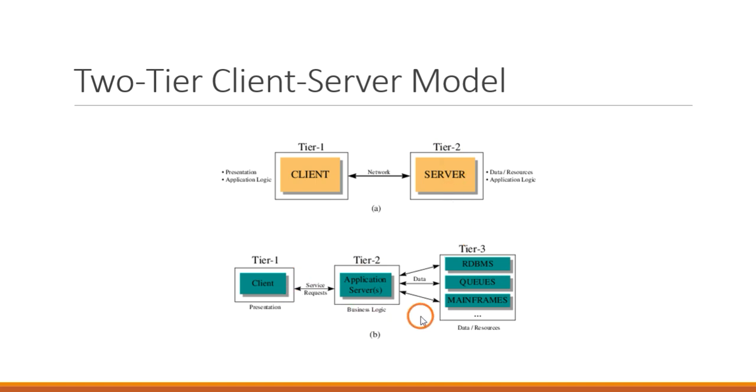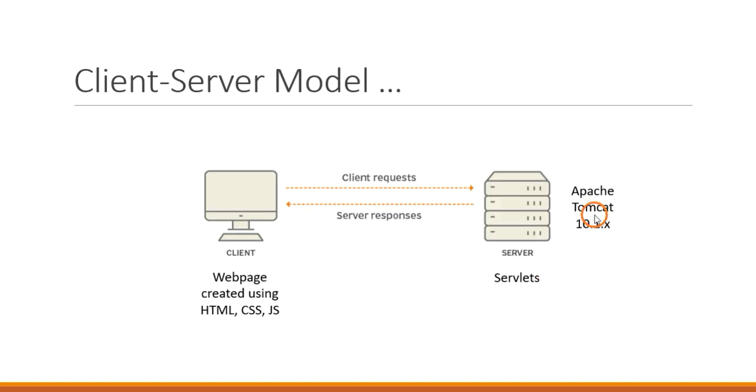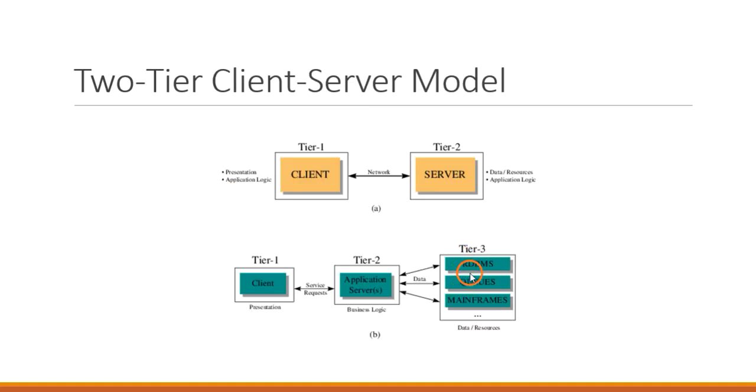Here I have also shown you the three-tier architecture. Tier one is the client system, tier two is the application server or web server, and tier three, let's say, is a database server.